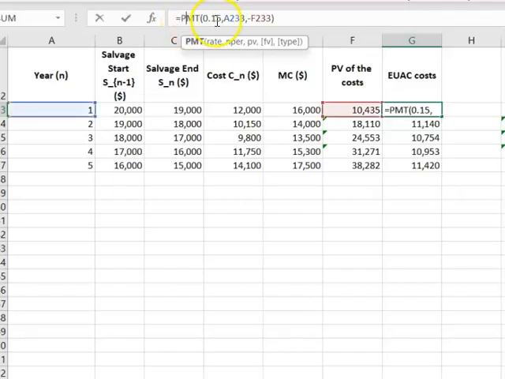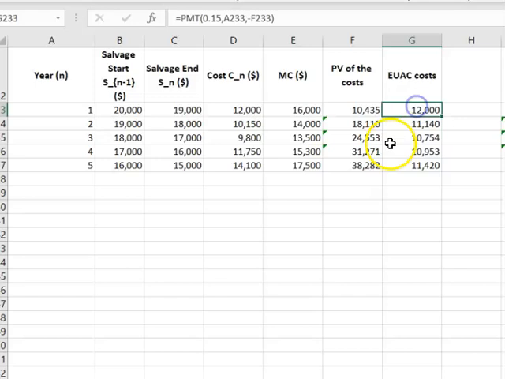We use PMT. For rate 15%, number of periods, this column, so I have selected that cell, and here it is 1. And for the present value, we use the values we have already calculated in column F, as you can see. So I got it.